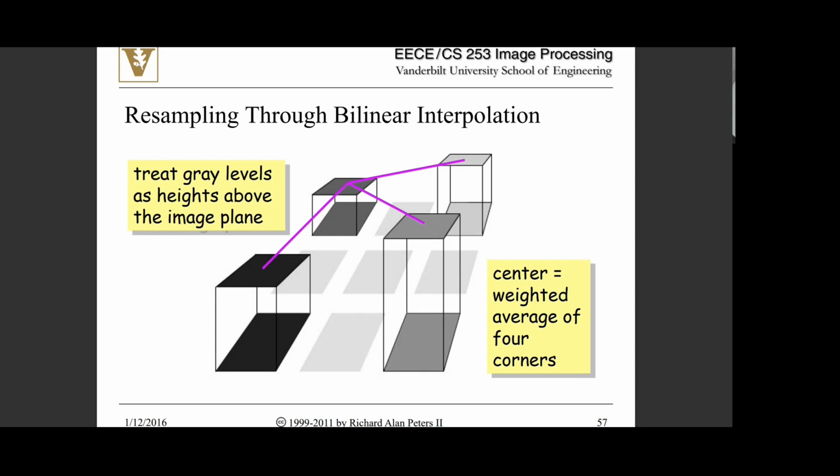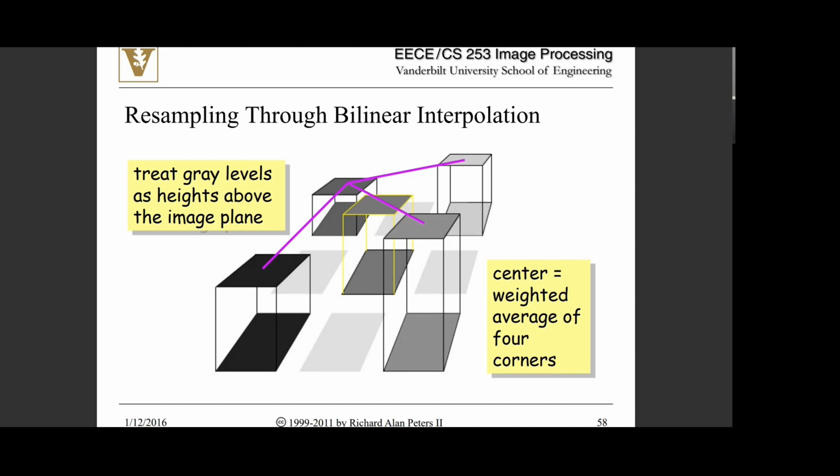Then what I can do is expand this idea of fitting a line, but now to 2 dimensions. In 2 dimensions, instead of fitting a line, I can fit a plane. There is only one plane that goes through all those values.